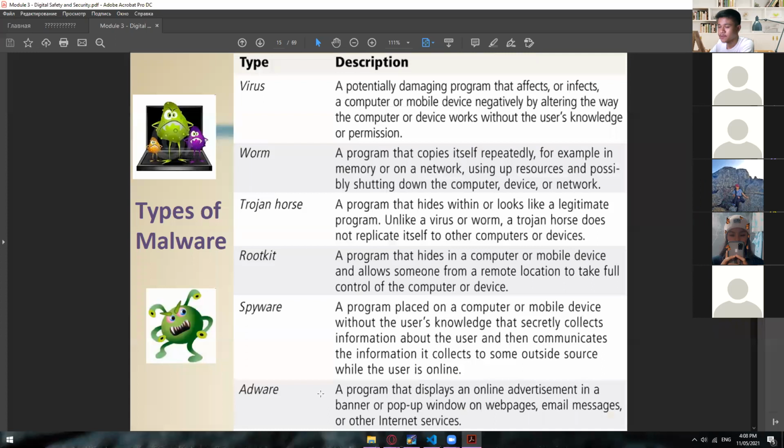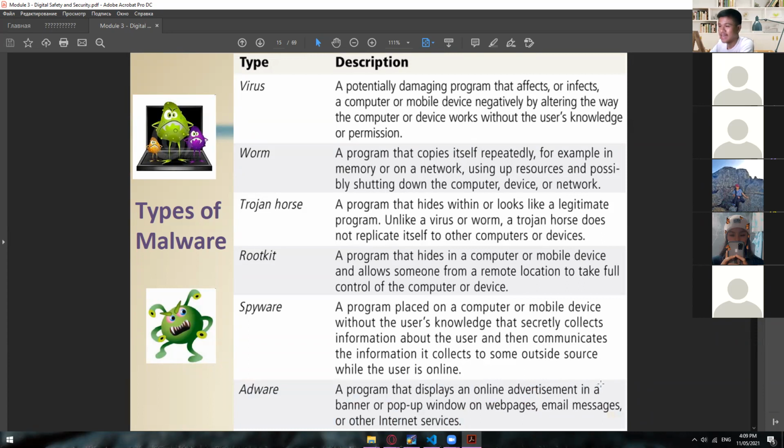And the last one here is adware. If you're a person who's very fond of watching animes, you will see a lot of adware in there. Those are unwanted or unsolicited advertisements. That is their way to earn money, because once you've clicked their advertisement, I think they earn money from that.